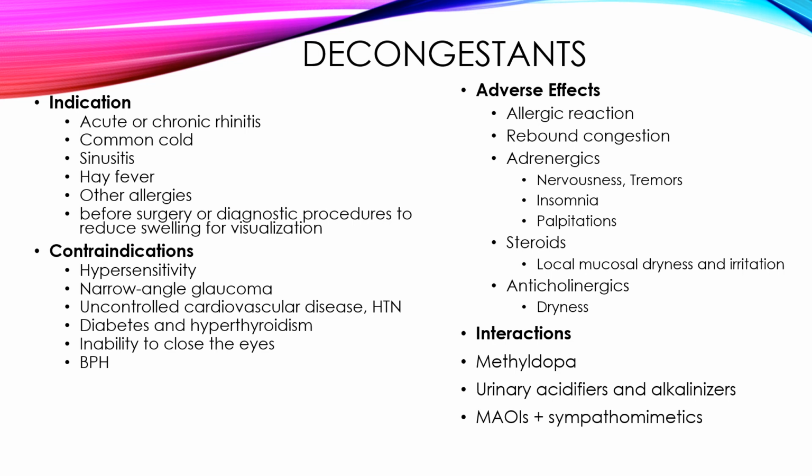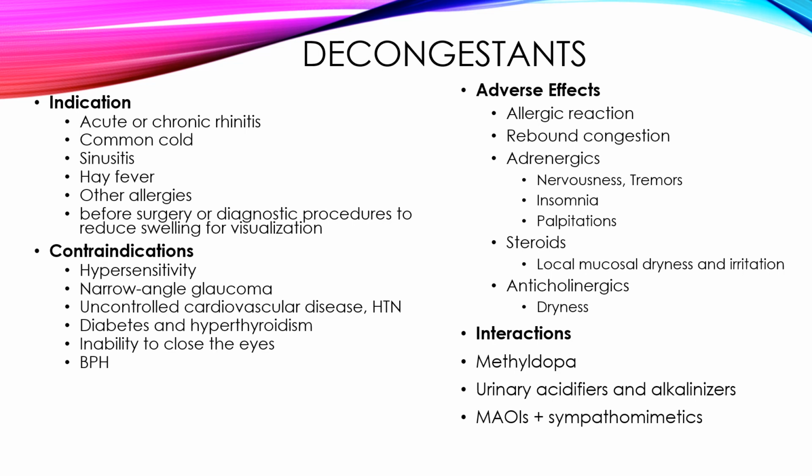Interactions, again, none of these go with what we're talking about right now in the class, so wouldn't really focus on those. Look at contraindications. What I want you to pay attention to is the narrow angle glaucoma. The adrenergics constrict, and there's already pressure in the narrow angle glaucoma. So I don't want you to take a decongestant, specifically an adrenergic, if I have narrow angle glaucoma.